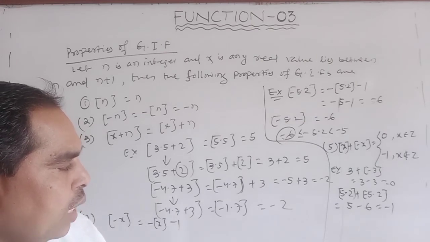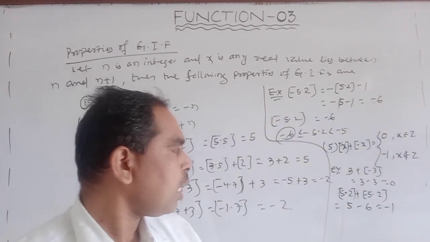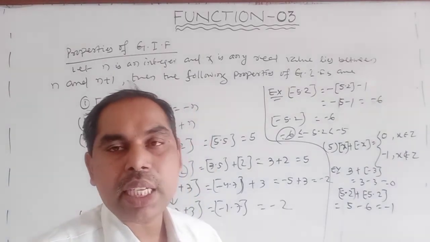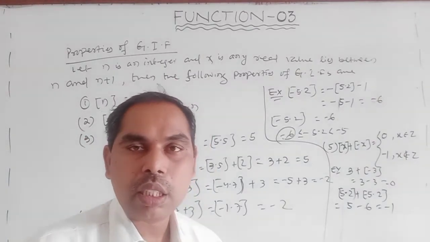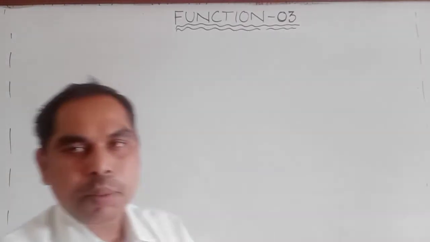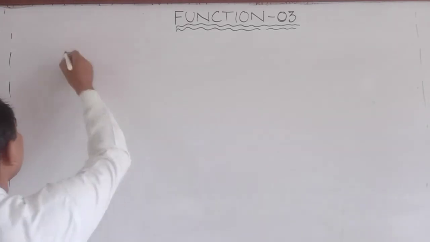So when x does not belong to Z, it is minus 1, and 0 when x belongs to the set of integers Z.